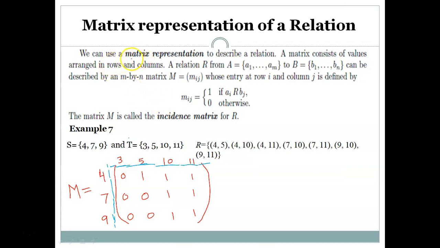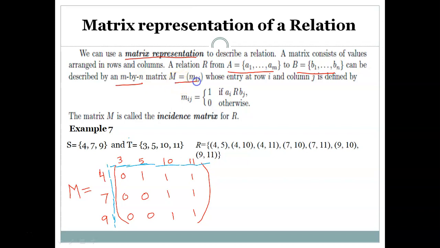We can use a matrix representation to describe a relation. A matrix consists of values arranged in rows and columns, and a relation R from a set A to set B can be described by an M by N matrix.